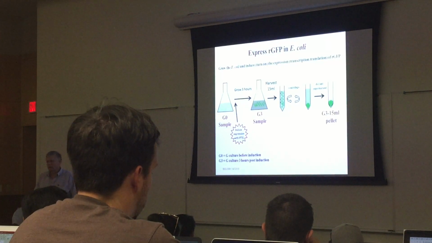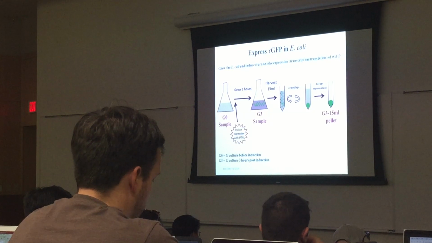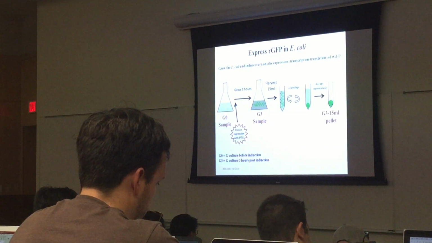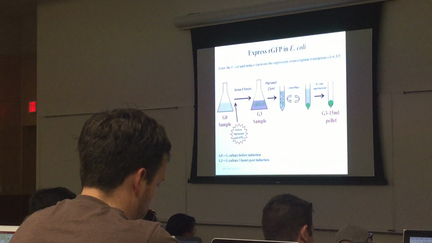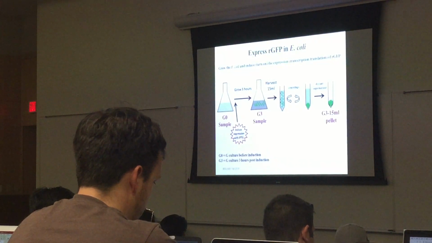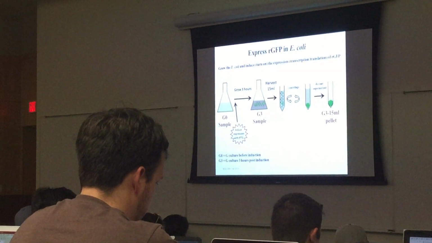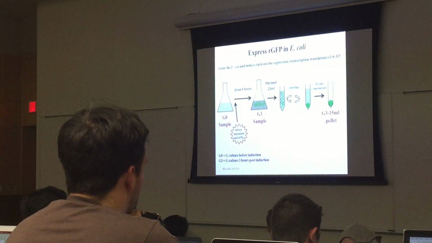And the end result is what we call a G3 15 mL pellet. That is to say, it's a pellet of bacteria that comes from a volume of culture that started at 15 mL, and it had been induced for 3 hours. You're going to come to class this week and get that G3 15 mL pellet.